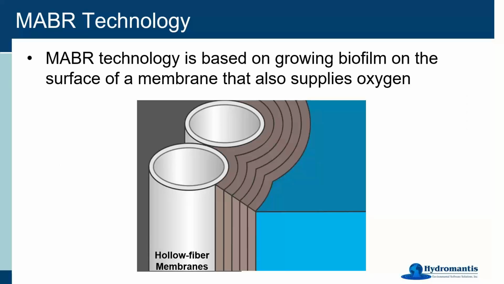Okay, so we've drawn a few diagrams here to illustrate how this looks. So I'll start with the hollow fiber membrane. If you can imagine, and of course we've exaggerated the scale here quite a lot, these are very small membranes that hang down in that liquid. There's biofilm growing on them, and that basically makes up an interface with the bulk liquid. The bulk liquid is your water that you are treating.